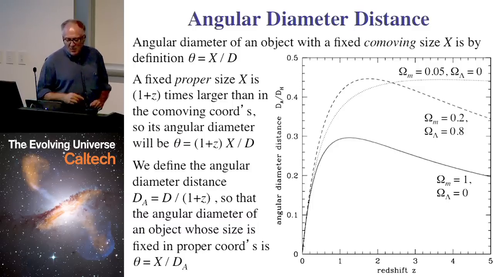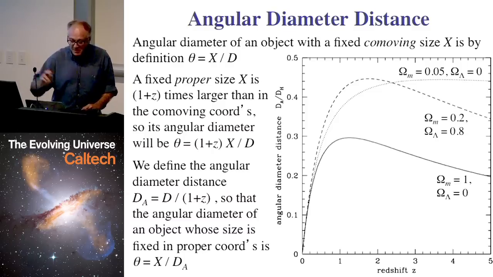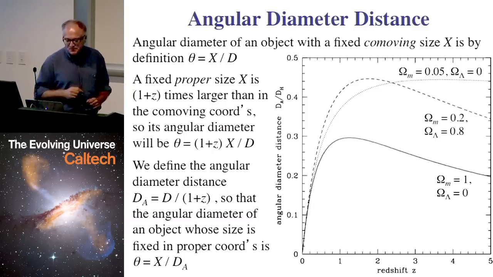So you divide the regular distance by 1 plus redshift, and we call that the angular diameter distance. So if you use that in the relativistic equivalent of the 1 over distance law, then you can compute how angular diameter will change.